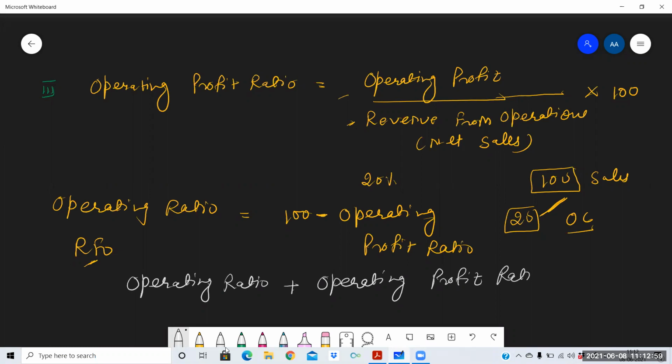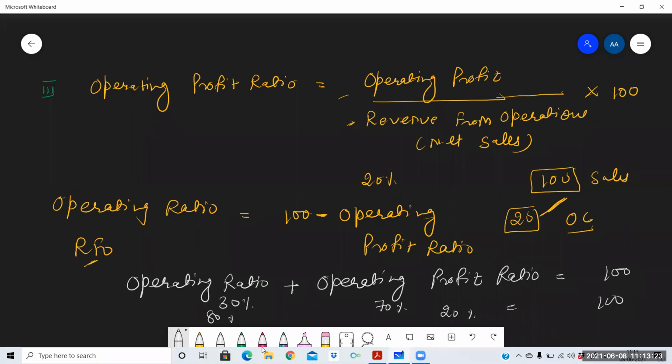Operating profit ratio is equal to always 100 minus operating ratio. So if operating ratio is 30%, it means operating profit ratio will be 70%, because both of these will make 100%. If operating ratio is 80%, it means operating profit ratio will be 20%, because the total is always equal.